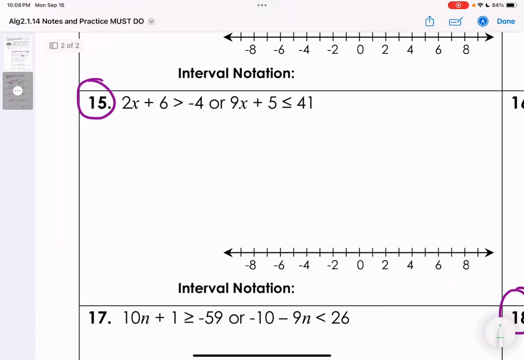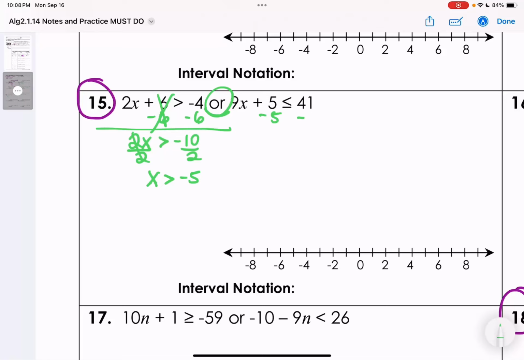Number 15. Now I've got a couple different steps. So x is greater than -5, or subtract 5 here. So 9x is less than or equal to 36.